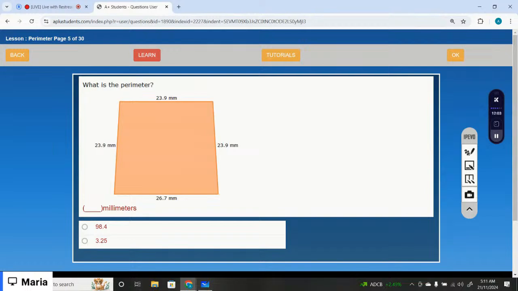What is the perimeter? Which is the correct option? So you need to add all the side lengths, right?